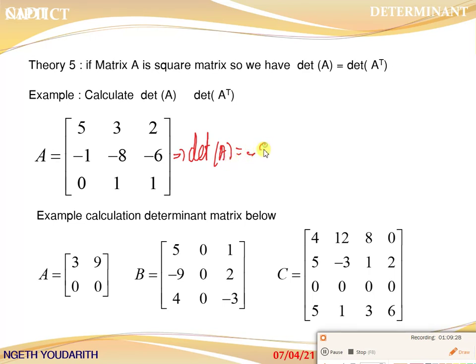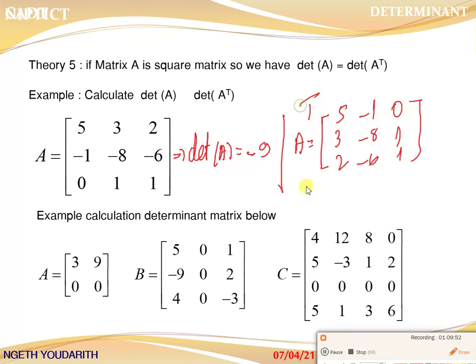And about A transpose, it is 5, 3, 2, minus 1, minus 8, minus 6, 0, 1, 1 is A transpose.